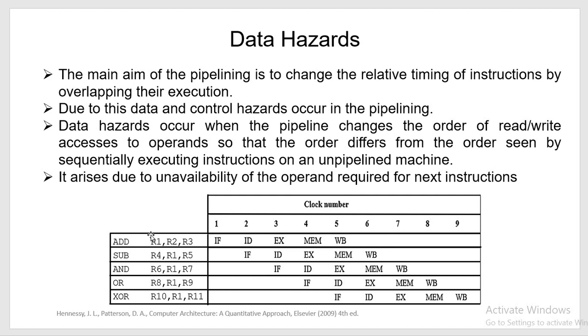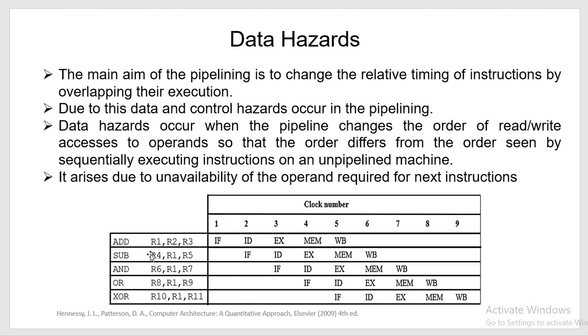This particular situation will create a hazard for the rest of the instructions. Unless the first instruction prepares the result, the second instruction cannot start its execution, because the data of R1, the outcome of the first instruction, has to become the input for the second instruction.